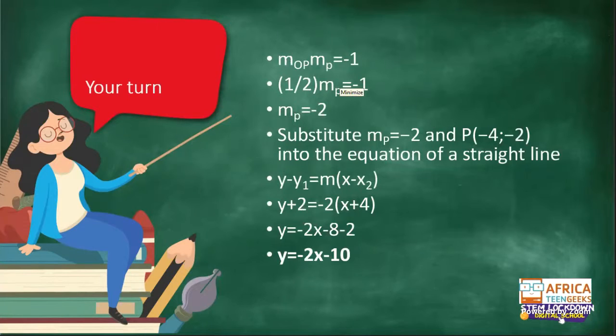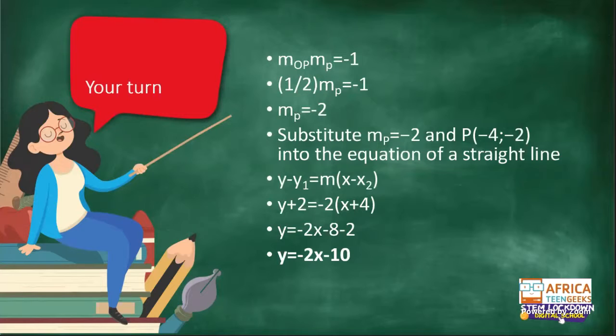Okay, Cheslin is asking, how do I know that the center is on the origin? I know it because of the given equation of the circle. Remember, the circle that was given there is x squared plus y squared equal to 20, and we see that the radius there was square root of 20.